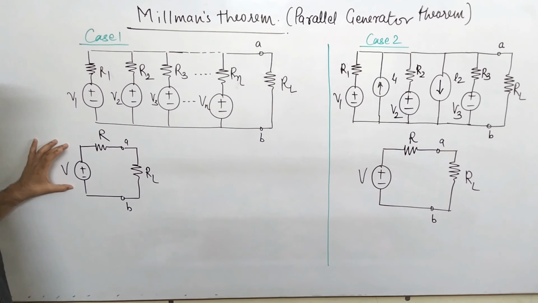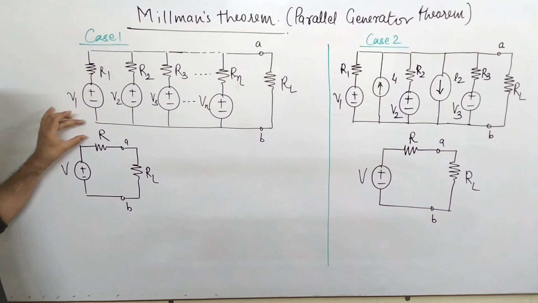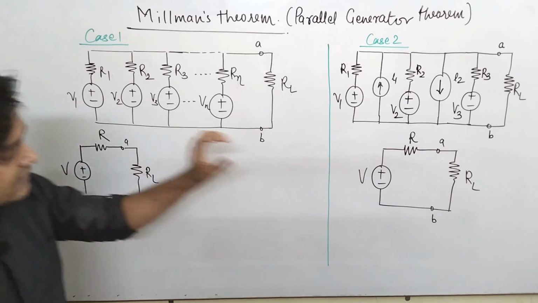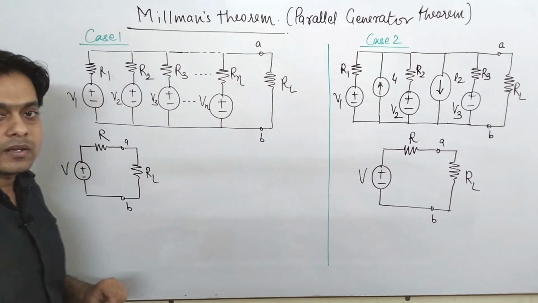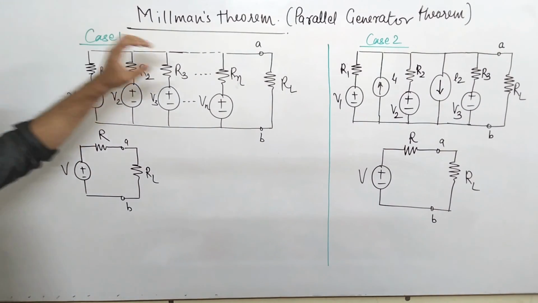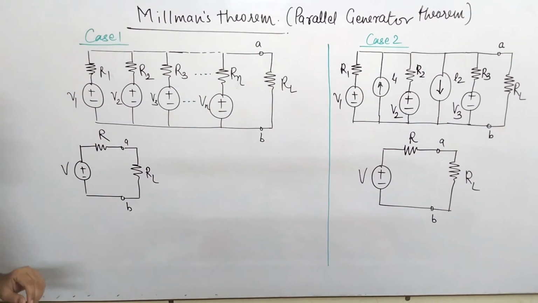This is the statement of Millman's theorem, and you have to find the value of V and R in this case. Similarly, you have to find the value of V and R in this case.